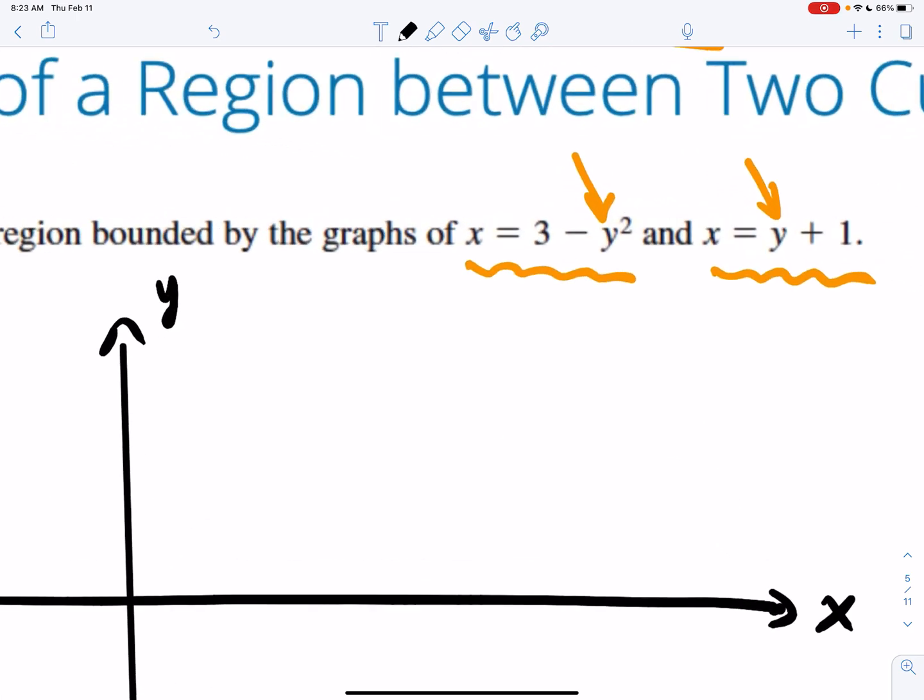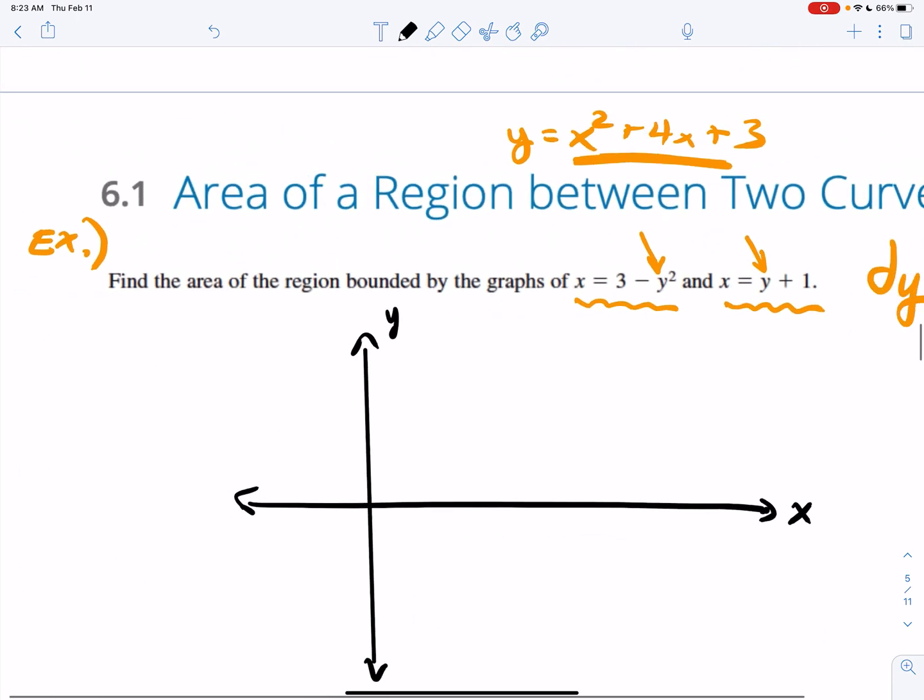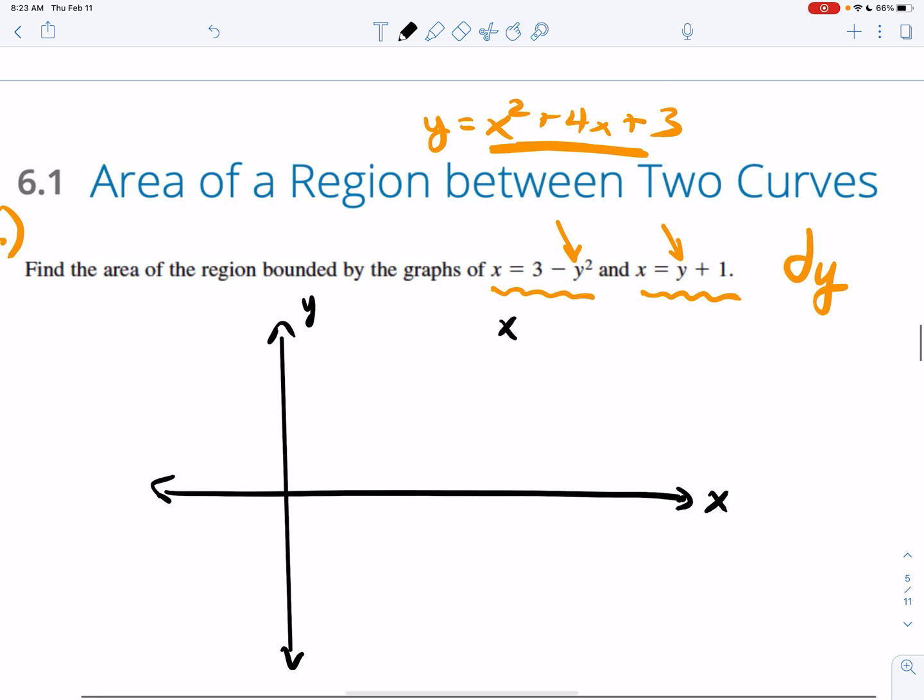So take a look at this equation right here. X equals 3 minus y squared, okay? Just to make this a little bit visually easier, I'm going to go ahead and put the 3 at the end, okay? Now, the only thing different here is that your variable is different, right?